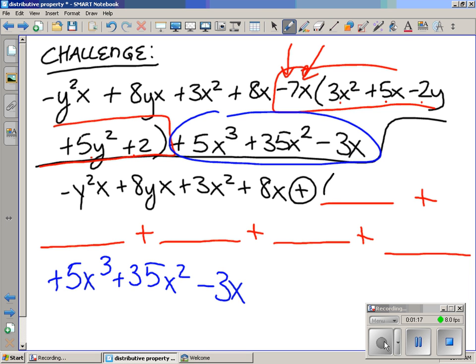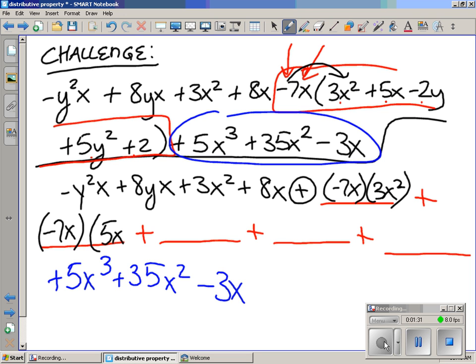So I take the negative 7x and I distribute it to the 3x squared. I take the negative 7x and I distribute it to the 5x. So we gave it to this piece, then we gave the negative 7x to this piece, and now we're giving the negative 7x to the negative 2y.